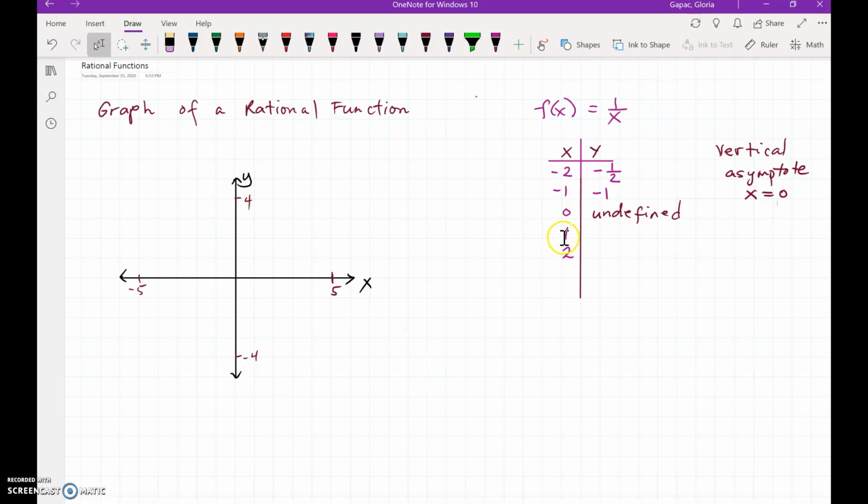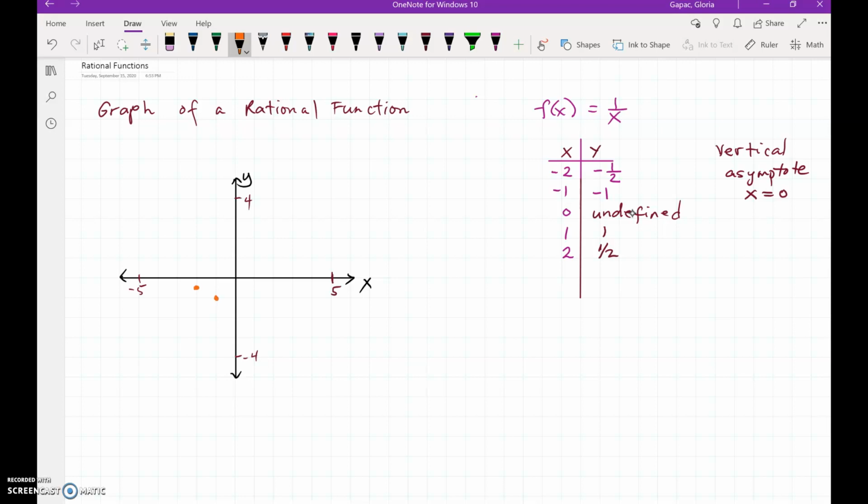And then, going back to these values, 1 over 1 is 1, and then 1 over 2 is 1/2. So what we're going to be doing is plotting these points now to see again the graph of the parent function. For -2, I have -1/2. For -1, it's -1.